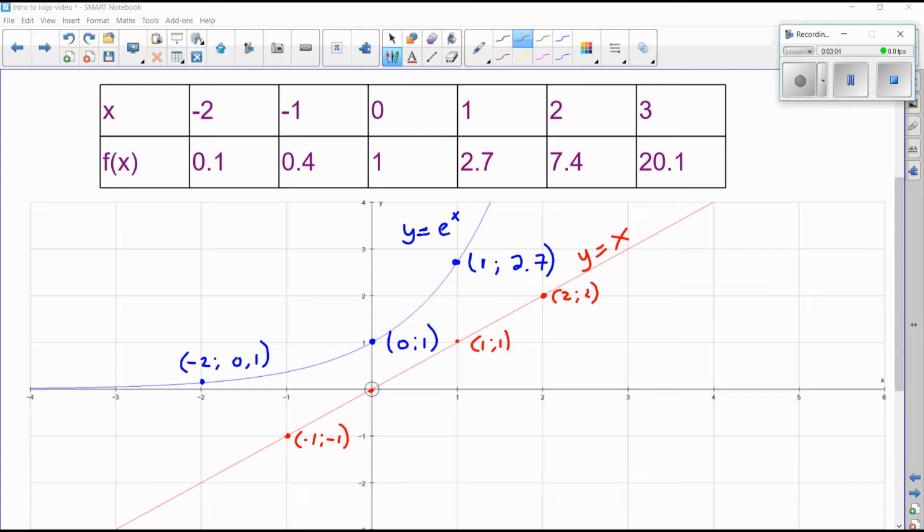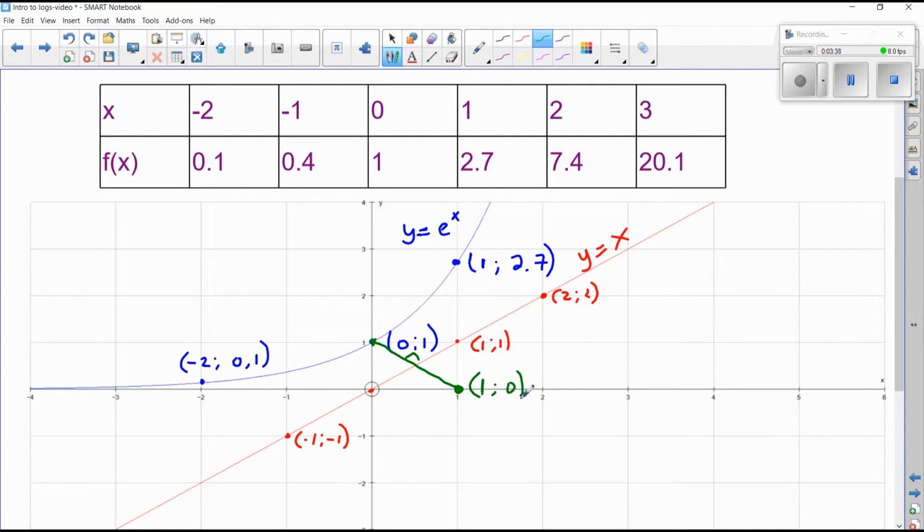When you reflect about the line y equals x, I'm going to do this with the y-intercept. At the moment, my y-intercept has an x-coordinate of 0 and a y-coordinate of 1. When reflecting the graph about the line y equals x, you would draw a line perpendicular to your axis of symmetry, and you would see that the image would be x is 1 and y is 0.